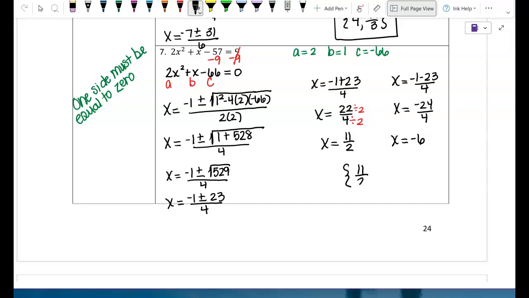So one of my solutions is 11 halves and the other solution is negative 6. So far, the ones we've been dealing with give us nice, pretty, perfect squares. We will look at examples tomorrow where that does not always happen.